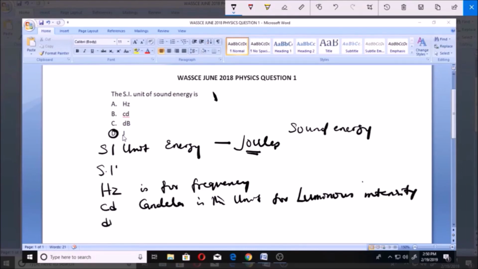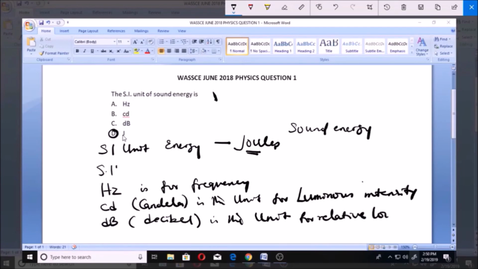Now, dB, also called decibel, is the unit for relative loudness of sounds.